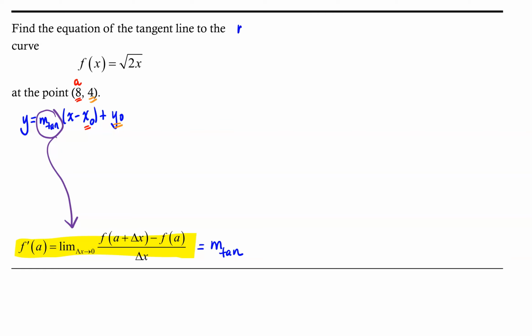So the slope of our tangent line is going to be f prime at 8, which is equal to the limit as delta x approaches 0 of f of 8 plus delta x minus f of 8, all over delta x.